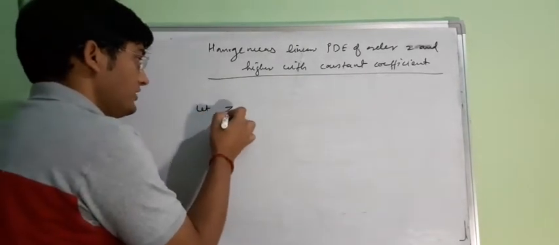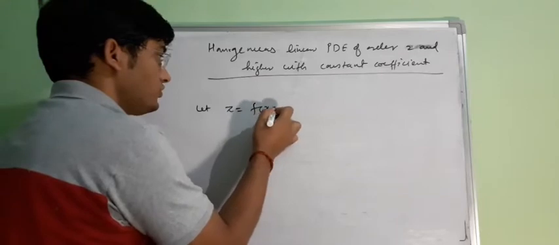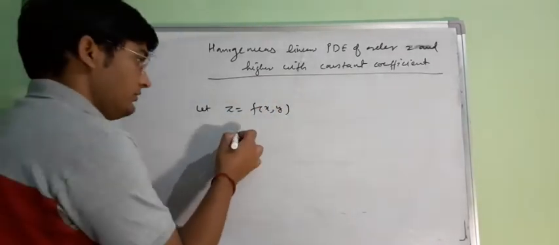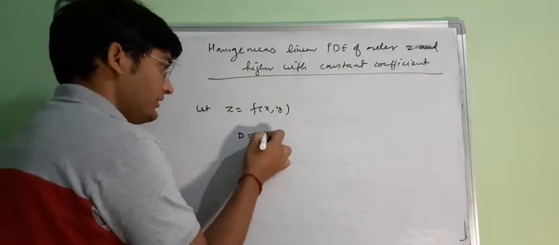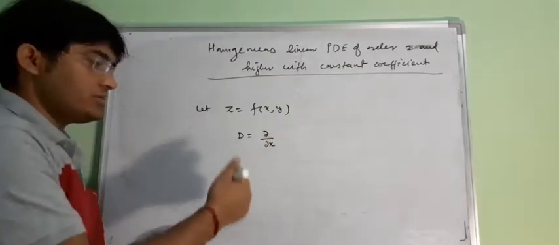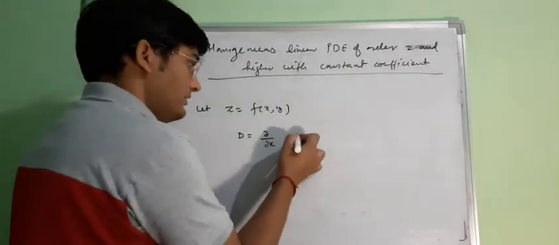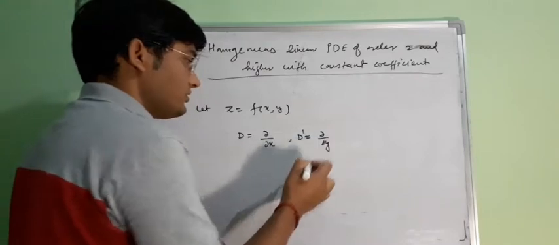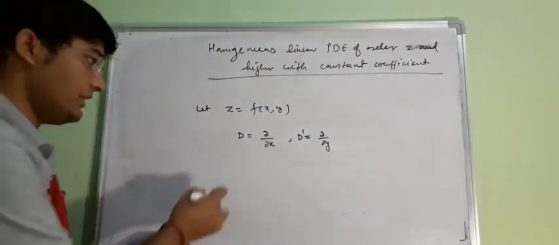Let us suppose that z is a function of two variables, and suppose that capital D is the partial differentiation with respect to x, and capital D dash is the partial differentiation with respect to y.